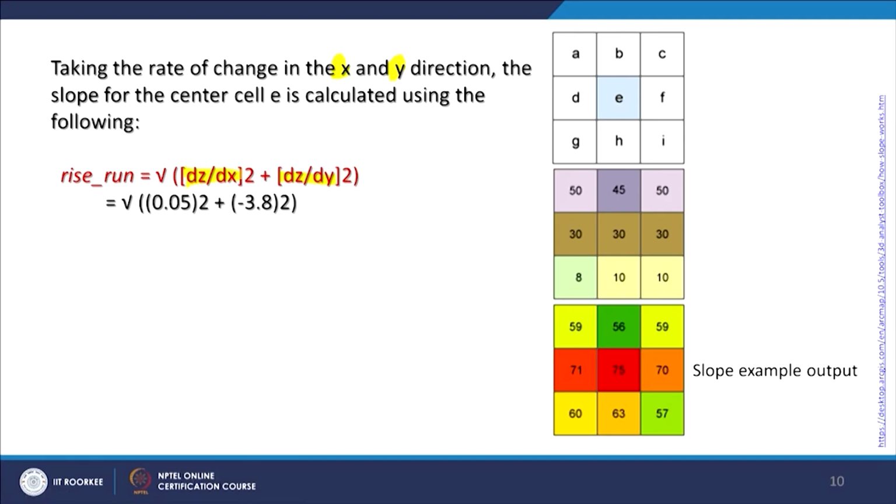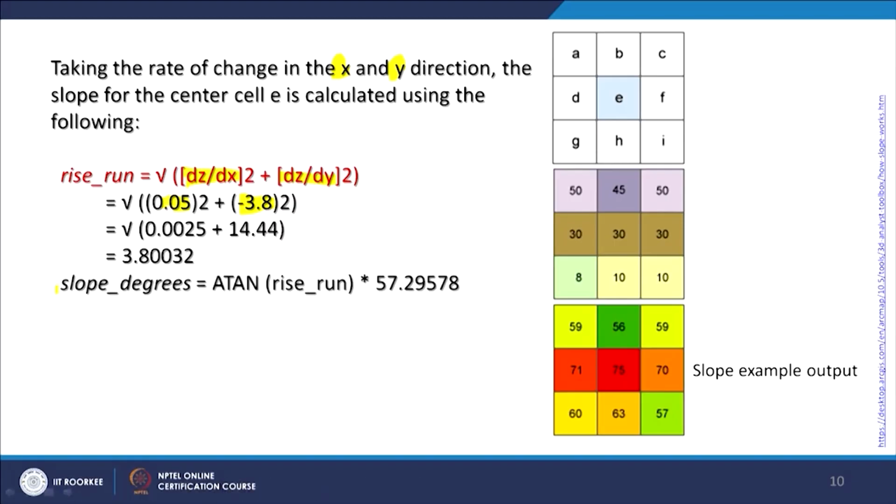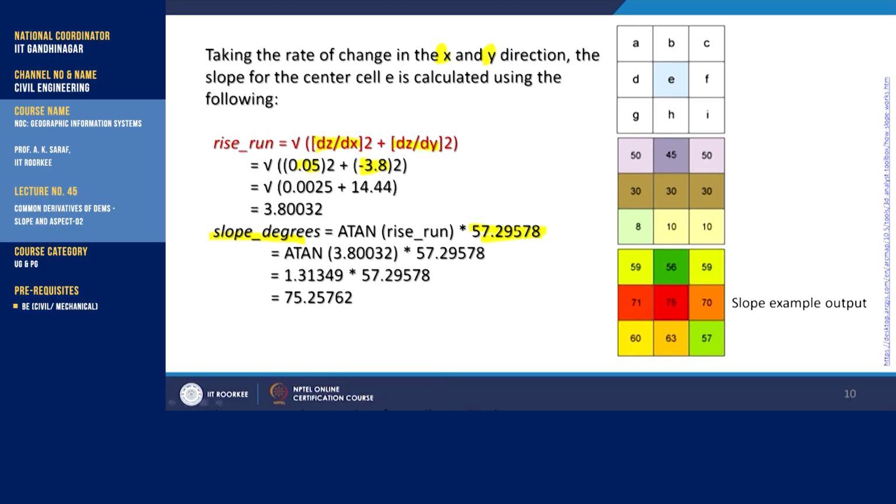So dz by dx we have calculated as 0.05, and dz by dy in the earlier slide we have seen is minus 3.8. Of course, it is a square, so the negative values will disappear and it is 3.8, that is slope in degree, which will be multiplied by this factor, and then finally we get 75 degree.